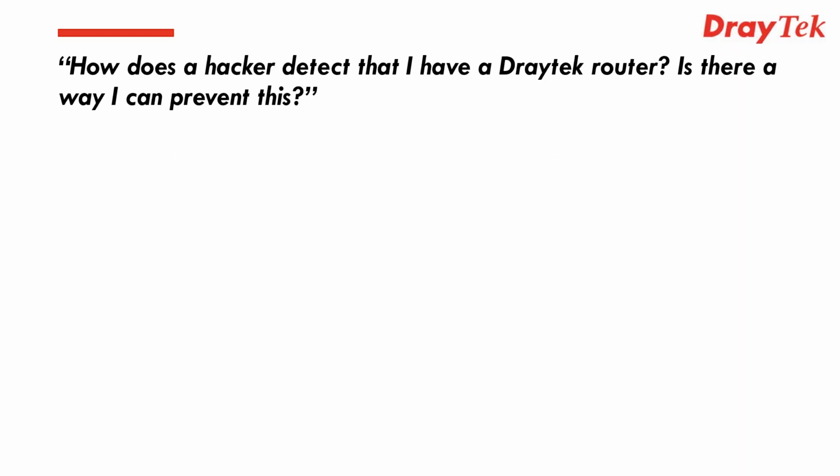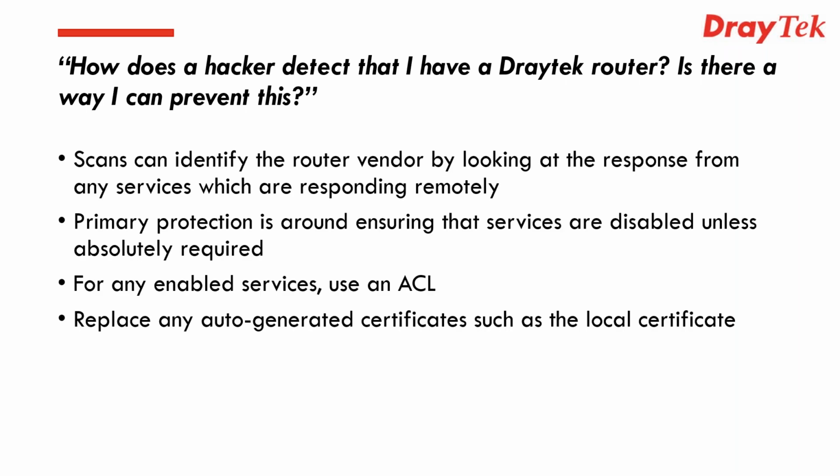Another question is, how does a hacker detect that I have a DrayTek router, and is there a way I can prevent this? So the scanning can look at fingerprints of certain responses. For some services, the devices will respond with what operating system they are. SSH tends to do that.